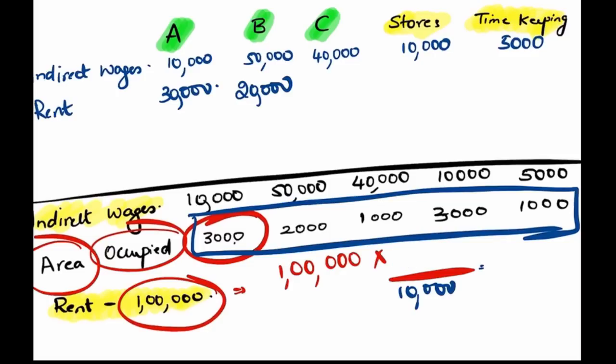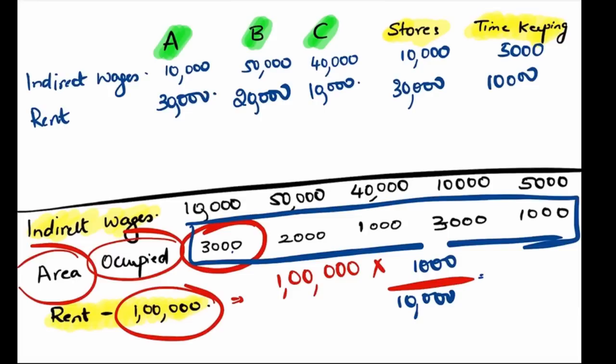Same way for C, for D, and for E. So if you look into it, what is this process known as? This is known as apportionment, where I am apportioning the common expenses to various departments based on a reasonable basis.